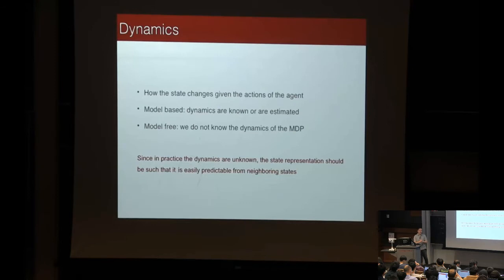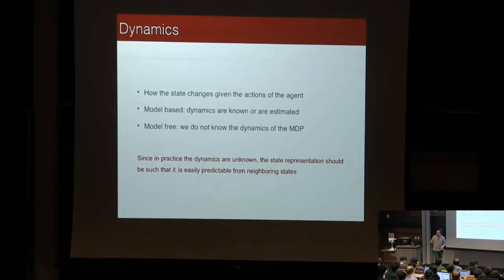In many cases, we might know the model dynamics, based on physical constraints and so forth. In the model-free approach, we don't know the dynamics of the Markov decision process, so we're going to try to estimate the optimal policy without knowing the dynamics. In practice, the dynamics are going to be unknown.